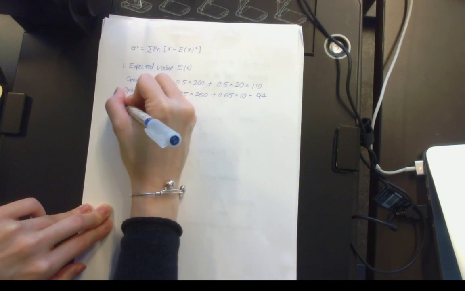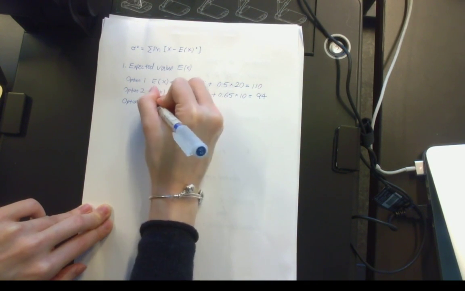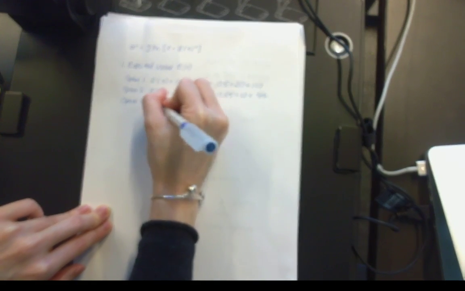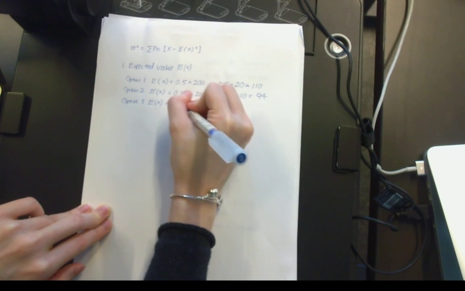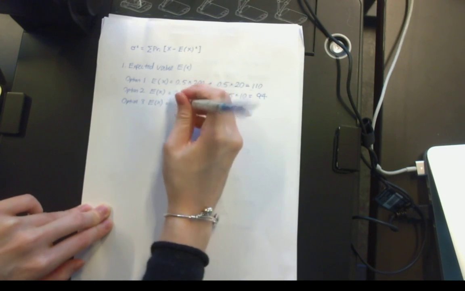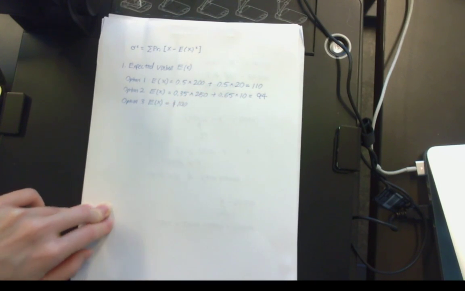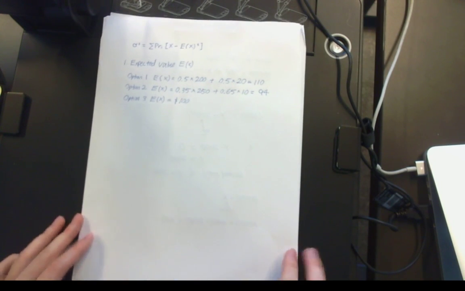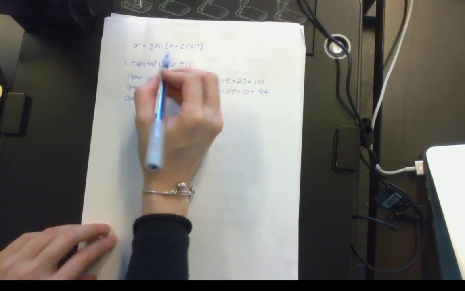For option 3, Kelvin is basically getting the $100 for certain. So the expected value of option 3 would be $100. Now we have all the expected values, so we have all the numbers we need to solve for the variance. We just plug all the numbers into this formula right here.